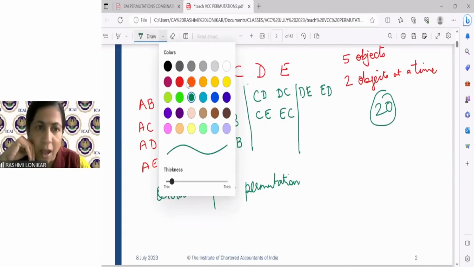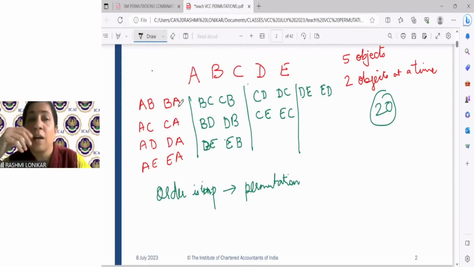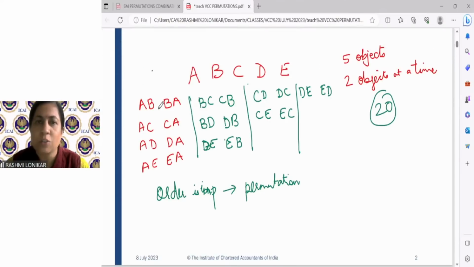And when I say it will not matter, BA or AB, suppose I want to choose two friends with whom I'm going for the movie. I'm choosing AB or BA. Will it matter? No. Whosever name I take first, it will not matter.